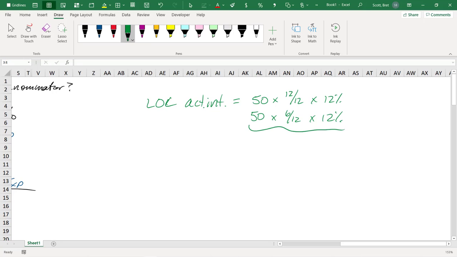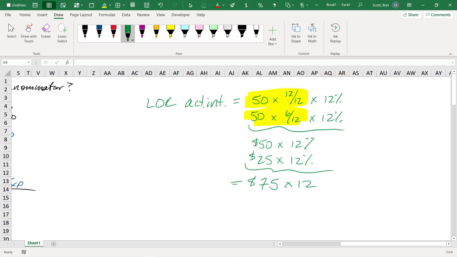We can rewrite this to say, look, this 50 times 12 over 12 is just $50, and multiply that by 12%. And 50 times 6 over 12, hey, that's just $25, multiplied by 12%. Or we can rewrite this to say, hey, it's just 75 times 12%. That equals the actual interest in a line of credit.